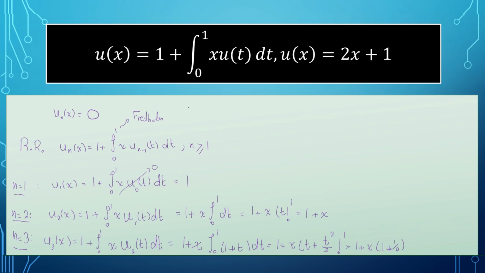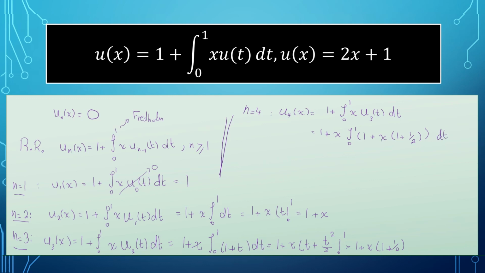Okay, let's complete by getting u4 at n equal 4, 1 plus the integration from 0 to 1, x multiplied by un minus 1, which is u3, of t dt, and this will give us 1 plus x again outside the integration from 0 to 1, 1 plus t, 1 plus half, dt.